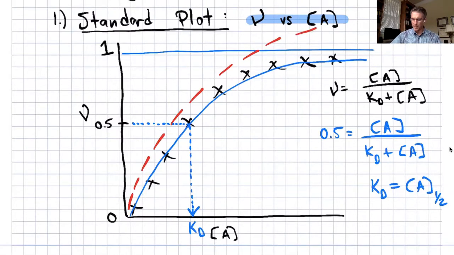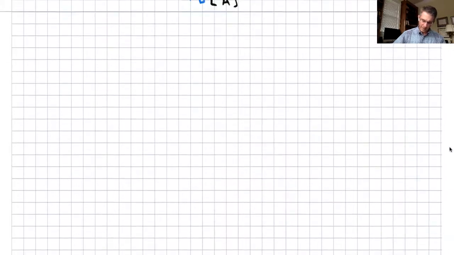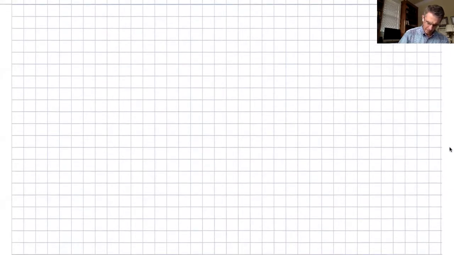You don't know where the asymptote is here, so you can't even do the graphical readout. It turns out the nonlinear fitting is also not going to work very well. So what do you do if your curve looks like that? This is where the second type of plot for binding data comes in: the so-called titration binding curve, or titration binding plot.